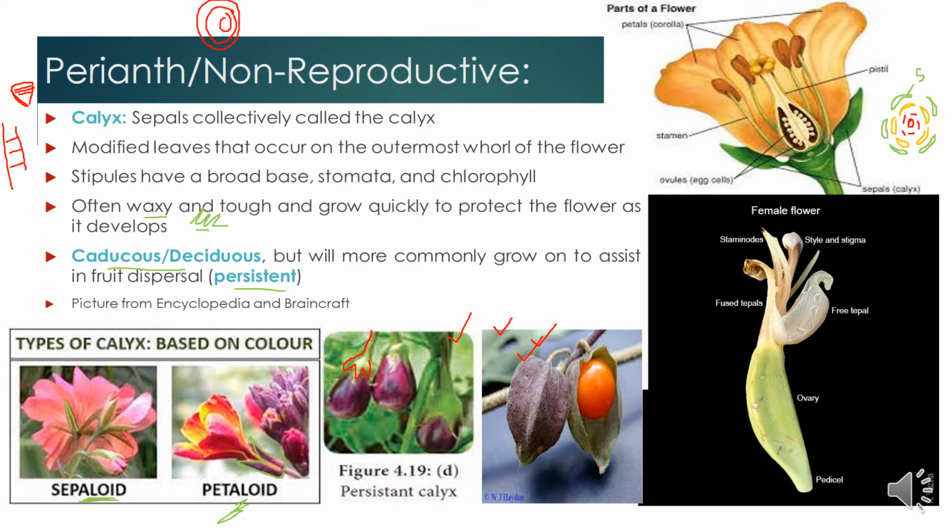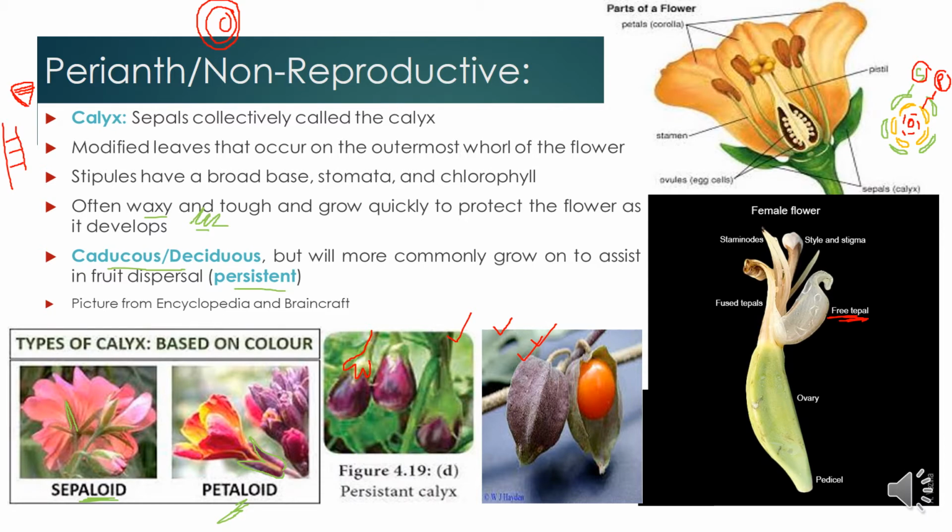So apart from this, there can also be some modifications. Here we see the inferior ovary in banana, and these are the tepals. Now what are tepals? When the outer sepal and the inner petal do not form separate wholes, but together form a single whole, they are called the tepals.